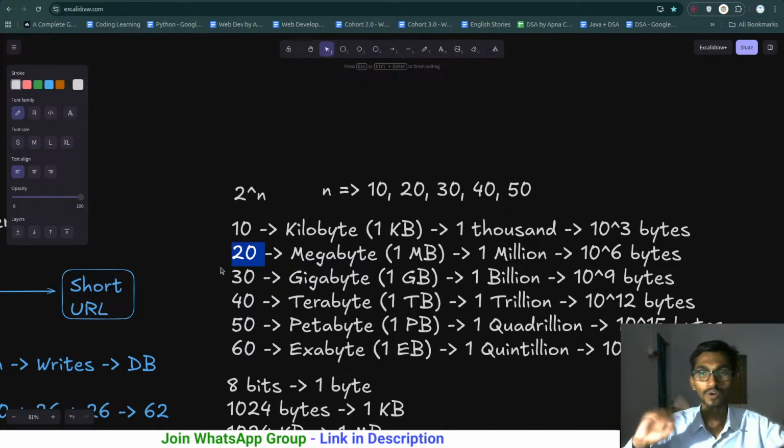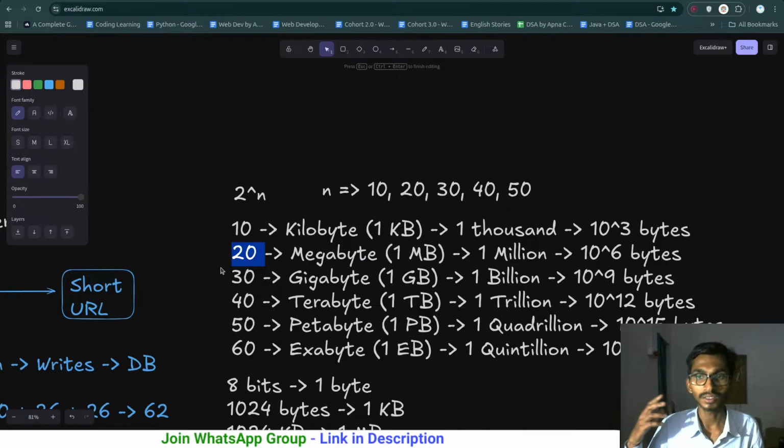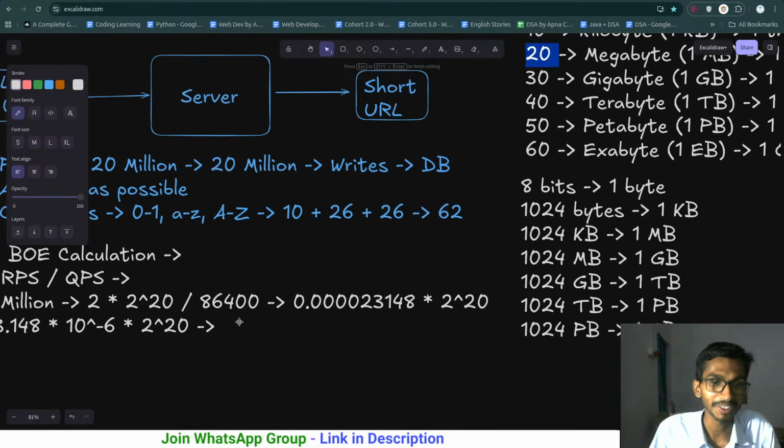So sometimes you will have to convert from base 2 format to base 10 format, or sometimes base 10 format to base 2 format. I hope I have explained it well, but I'm not sure about this particular thing.